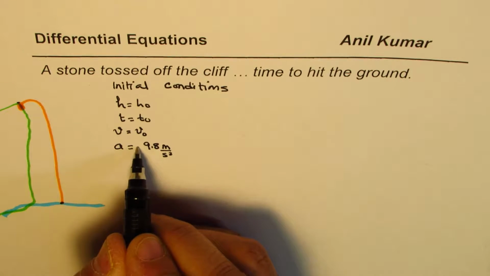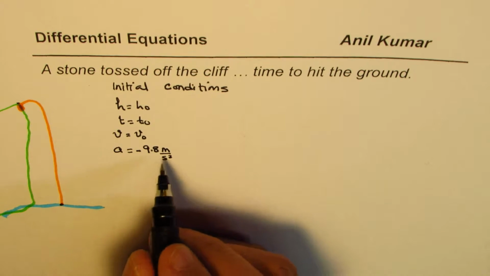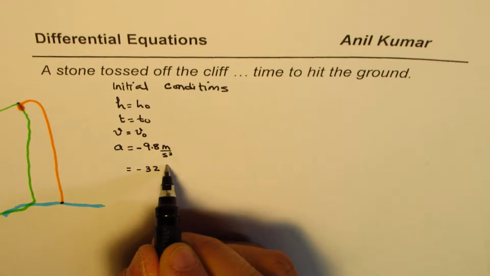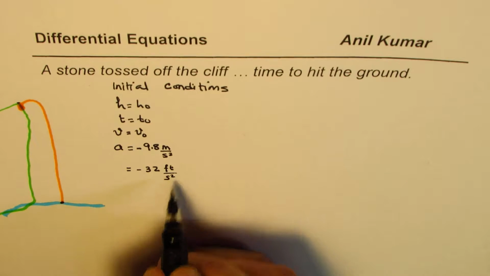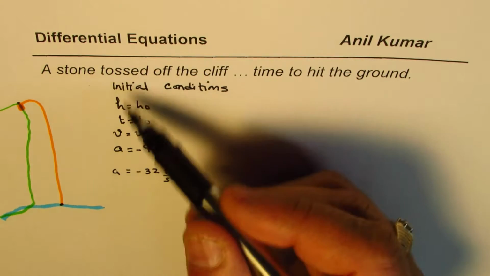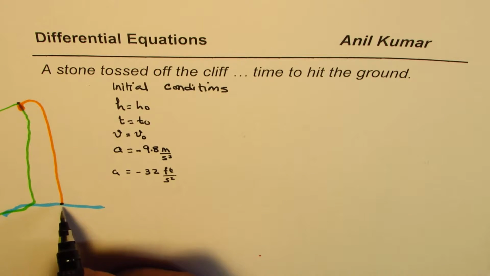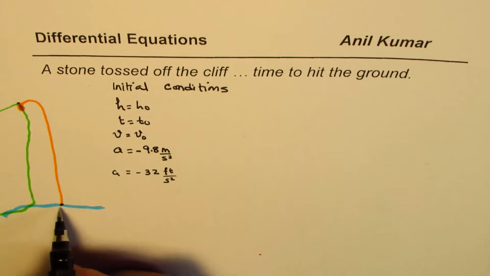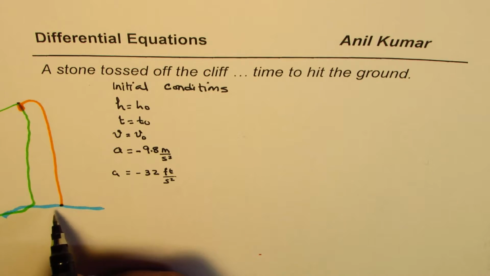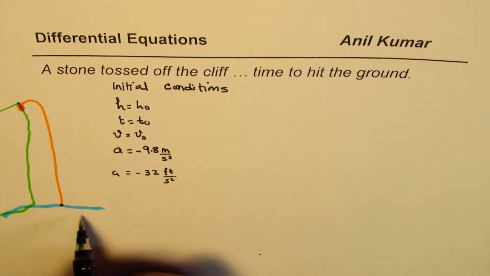We normally take this as negative because it's acting downwards, but if you're doing an FPS system, then you could take this as minus 32 feet per second square. So that could be in a different system, right? So these become your initial conditions, and the important thing here is that this equation is only valid till the stone is in the air, right? So when it touches the sea level, at this time the movement will be different, so we'll have a different equation.